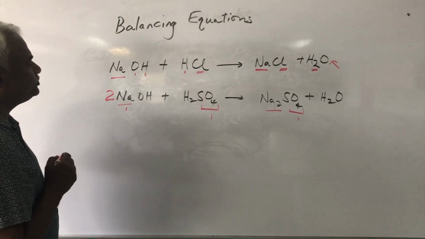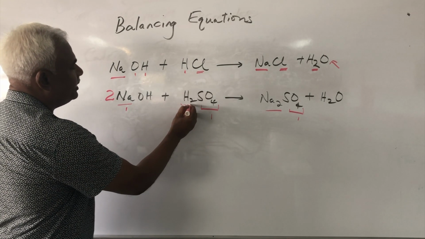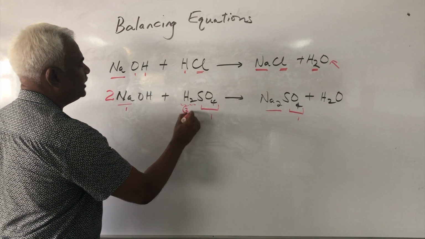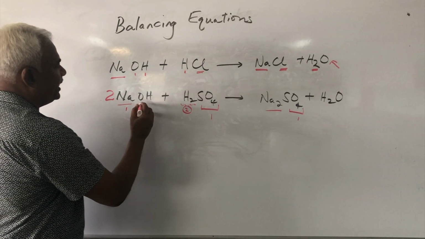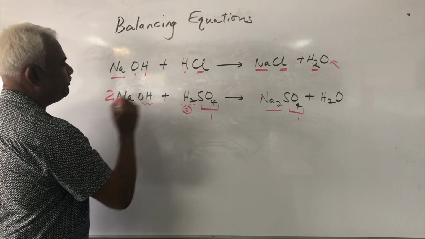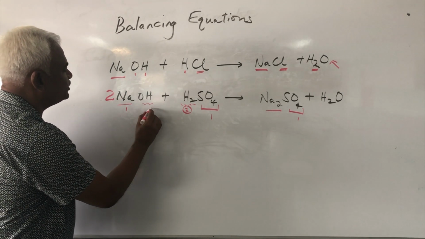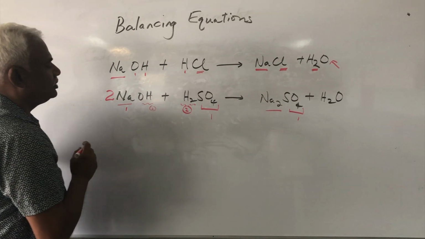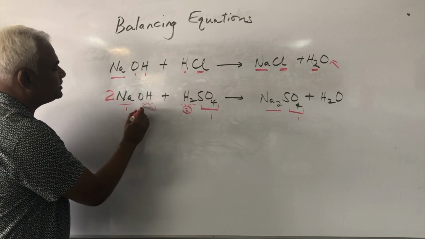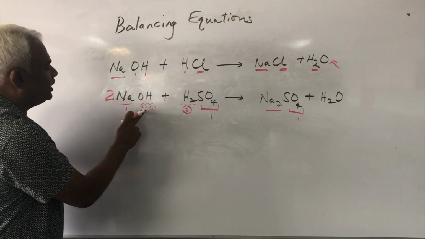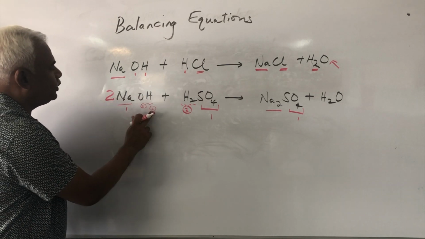Now, let's see. I have 2 hydrogens here. 2 hydrogens. Looking here, I have how many hydrogens? 2 ones. I have 2 hydrogens also. And I also have 2 oxygens. 2 times 1 equals 2.